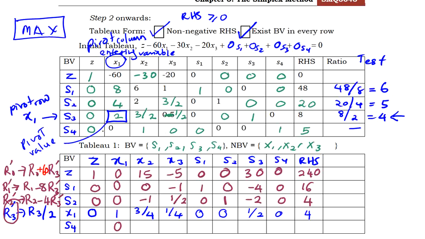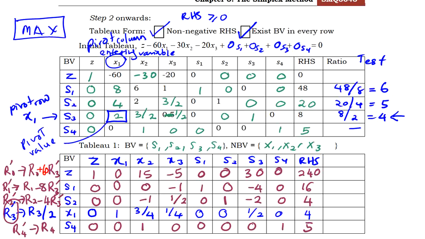For the last row, row 4 new equals row 4 because it's already 0 here. So just copy 0, 0, 1, 0, 0, 0, 0, 1, 5.